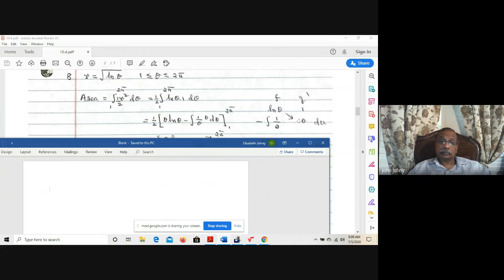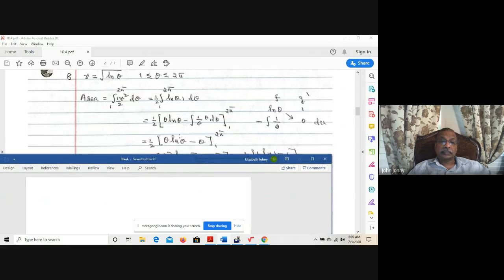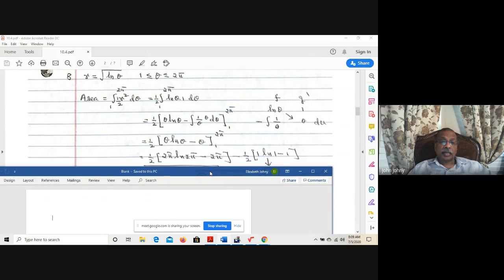So that is 1 over theta times theta d theta, and that is 1/2 times theta natural log theta minus theta, from 1 to 2 pi.